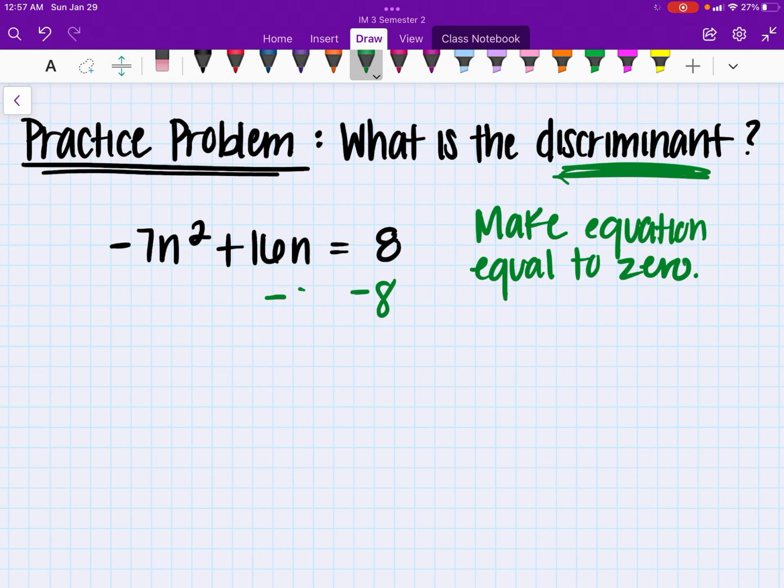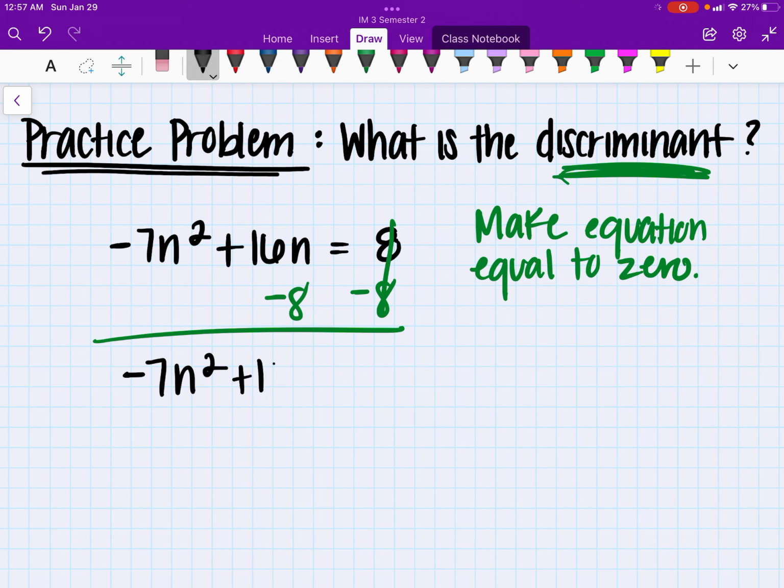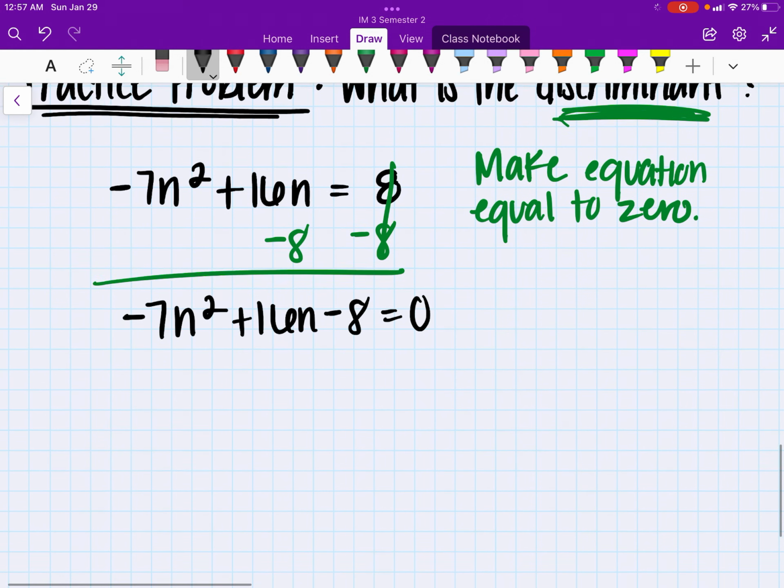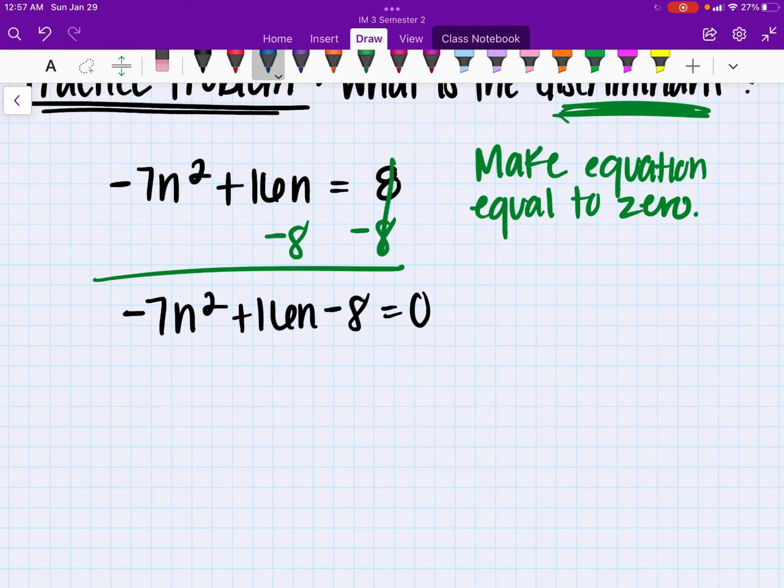So let's go ahead and subtract negative 8 on both sides. That's going to give us a negative 7n squared plus a 16n minus 8. And all of that is equal to 0. So let's go ahead and identify a, b, and c. A in this case is our leading coefficient, which is negative 7. B is our x coefficient, which is 16. And c is a constant.